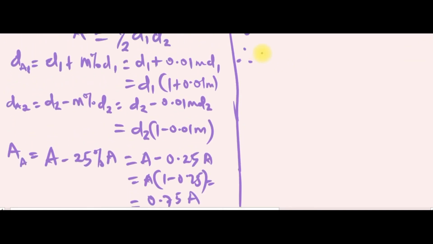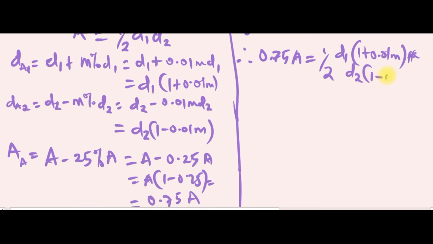So we have 0.75 A is now equal to half D1, the D after the decrease, D1 times 1 plus 0.01 m, times D2 times 1 minus 0.01 m. So do you get that's half times the product of them.